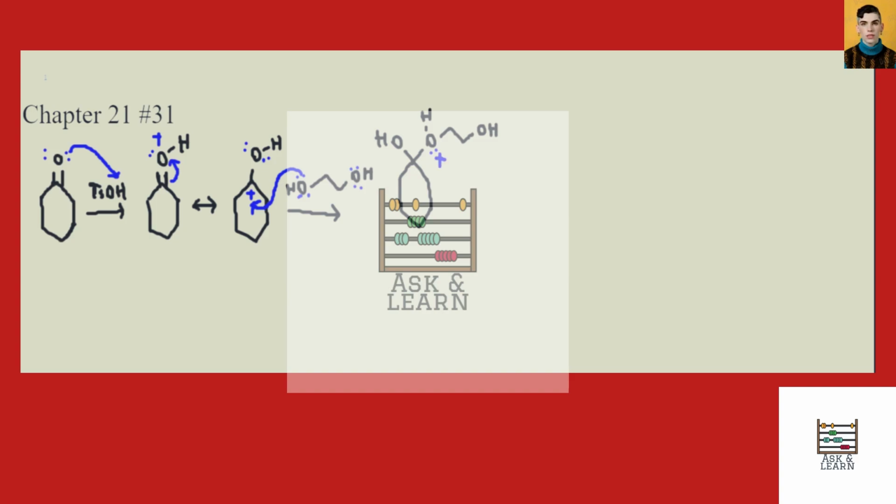And so in order to get to the hemiacetal intermediate, the last thing that we need is for the tosic acid's conjugate base that we formed in the first step to come along and grab this proton.